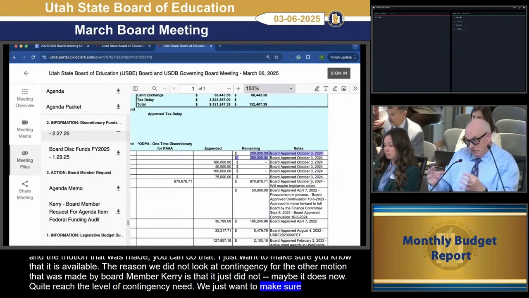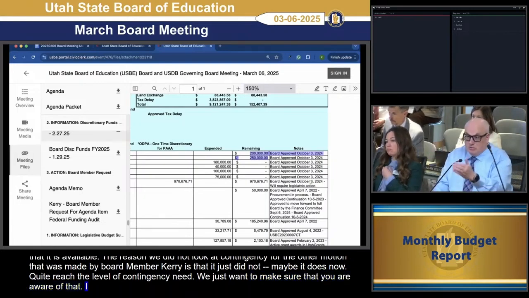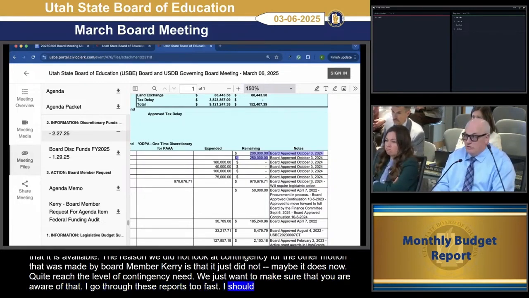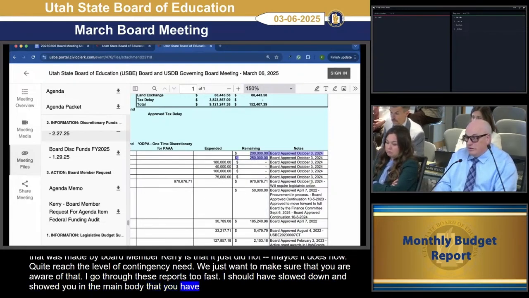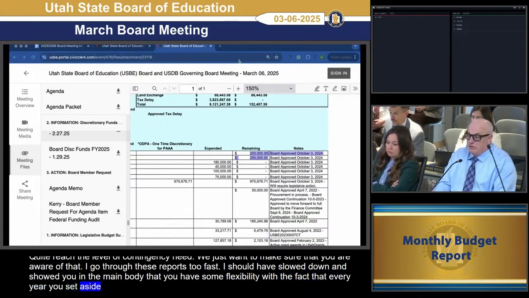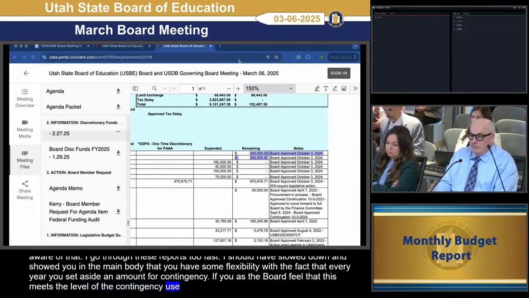I should have slowed down and showed you in the main body that you have some flexibility with the fact that every year you set aside an amount for contingency. If you as the board feel that this meets the level of a contingency use of that particular 250,000, that might help. I hope I didn't confuse it more, but there is some flexibility there.